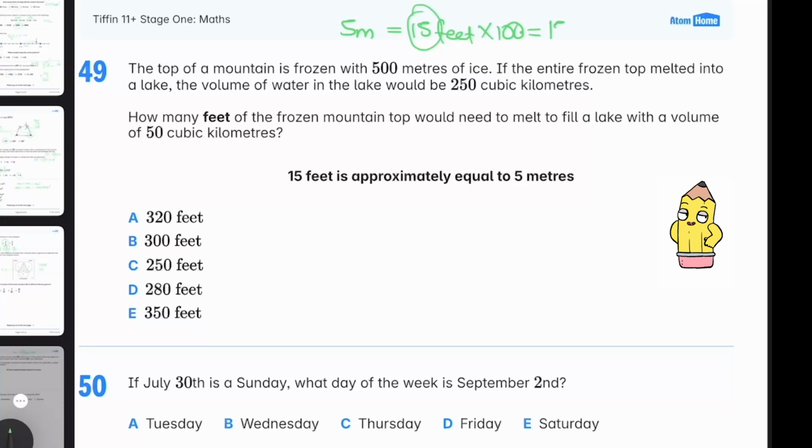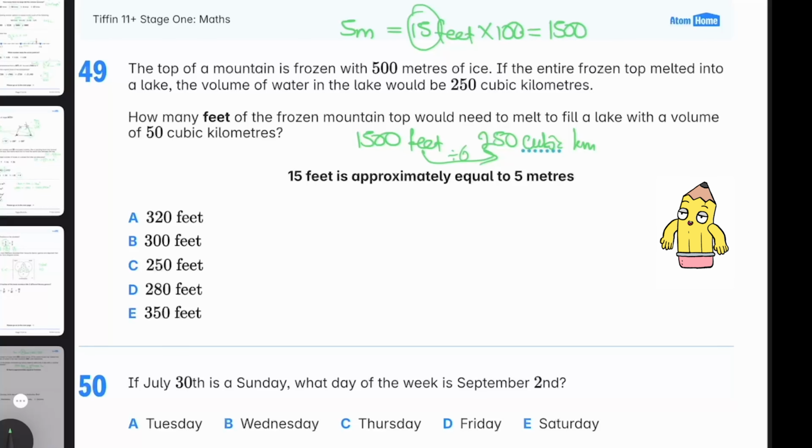And we have 1,500. So we now know that 1,500 feet is going to be 250 cubic kilometers. So to get from the left-hand side to the right-hand side, we must divide by 6, because 1,500 divided by 6 gives you 250.